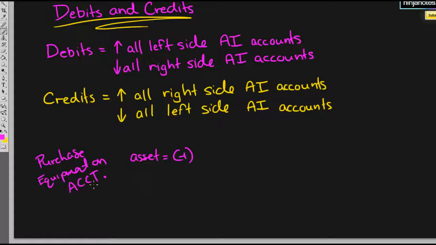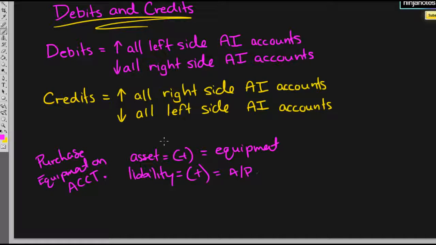Accounts payable means we owe someone money, which according to our definition is a liability. So we are increasing our liabilities because we owe someone money. Our asset account is equipment, and our liability account is accounts payable.